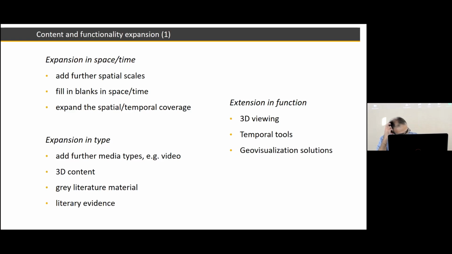In other cases, we can expand the thematic coverage using additional sources or media. Of course, adding new or more data types creates functionality considerations. 3D models need 3D visualization. Temporal data need temporal tools, while too much information needs visualization and infographic solutions to facilitate seamless navigation.